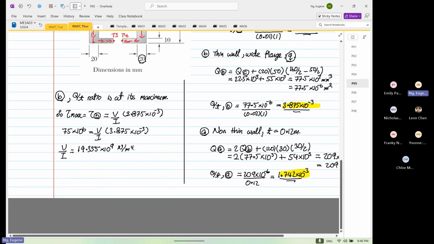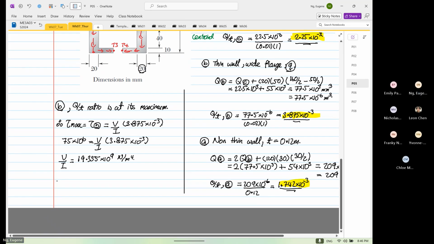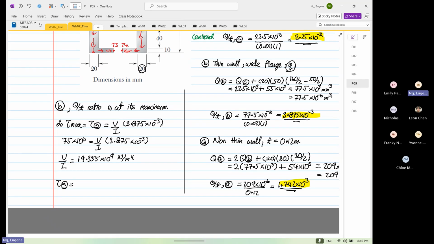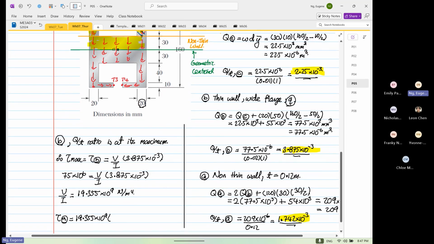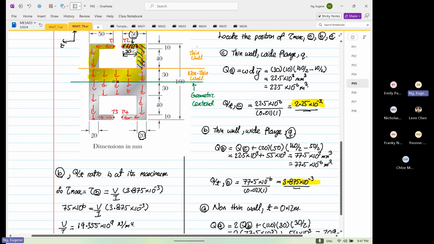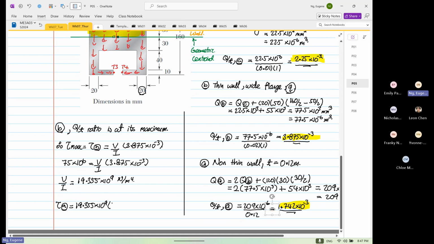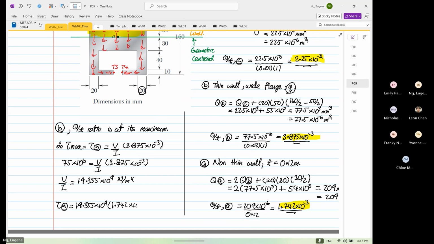So from here, we can calculate the shear stress at point A, which is equal to 19.355 times 10 to the power 9 multiplied by, at point A, 1.742 times 10 to the power minus 3, which is equal to 33.716 megapascal.